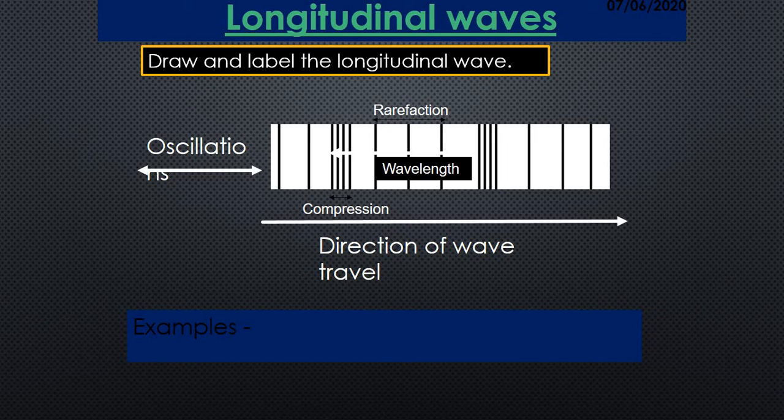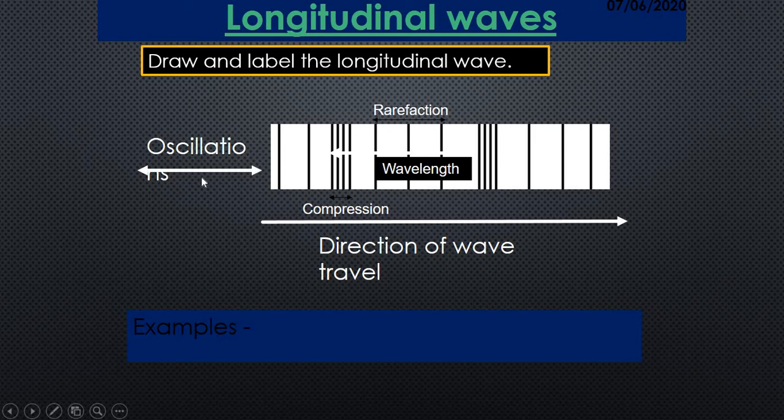We have areas of compression, which are where wave fronts are very close together, where those particles were very close together, and we have areas of rarefaction where the waves are spread apart, big gaps. Again, the wavelength arrow is not very clear, I do apologize, but the wavelength going from here all the way to here is one wavelength.